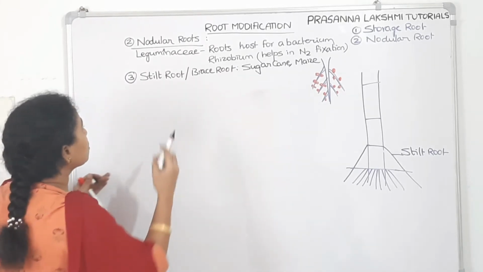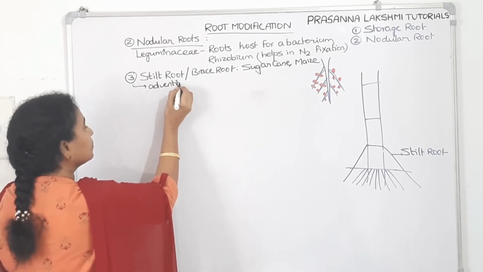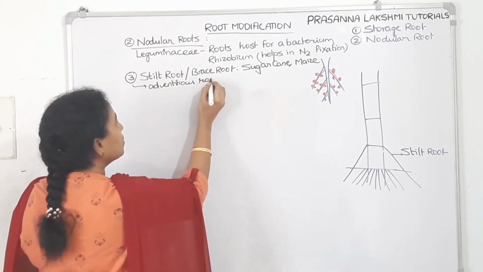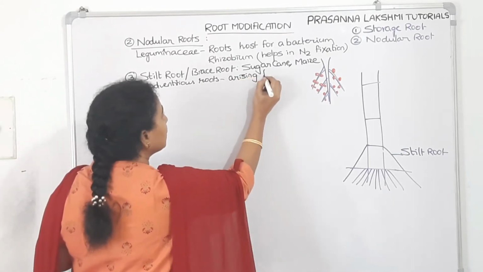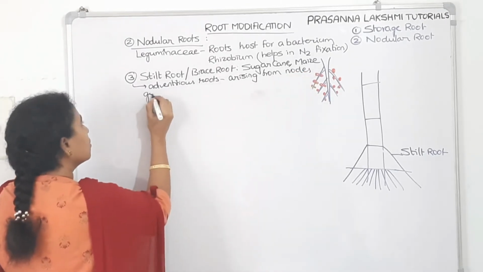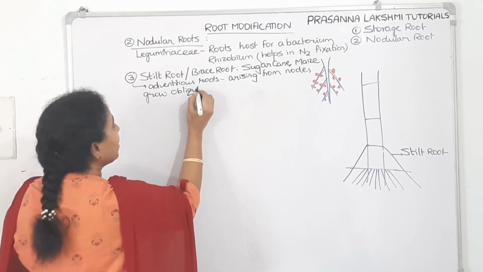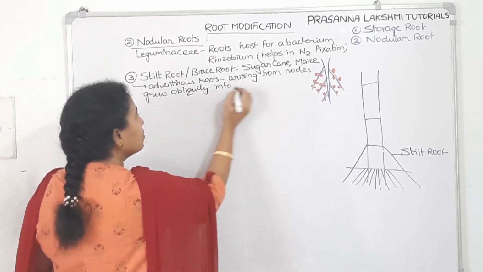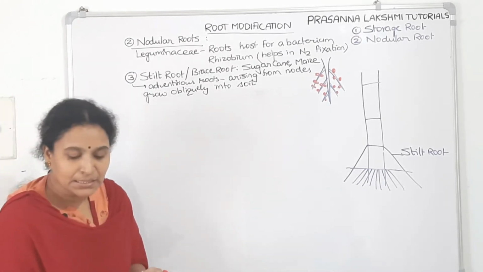What are they? They are adventitious roots arising from nodes, growing obliquely into soil to give support. So this is what we are talking about as stilt root.